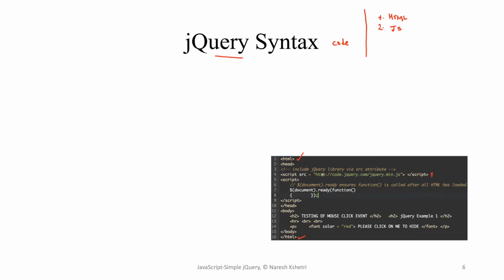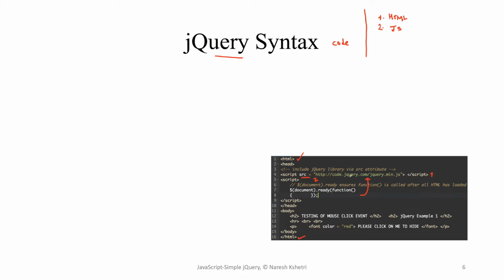The first one is including the jQuery library, using the src attribute for the jQuery library. And then the second script tag is for the actual jQuery implementation, where we use the functions that are available from that library.